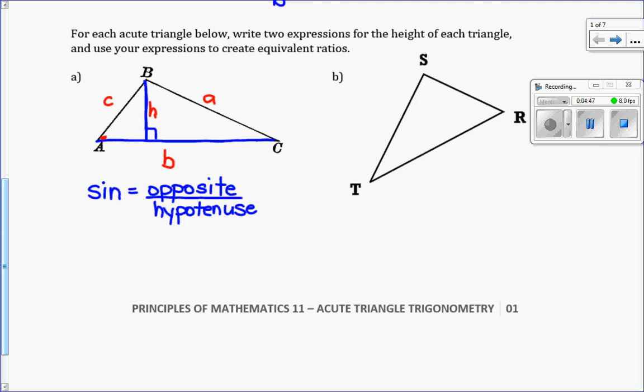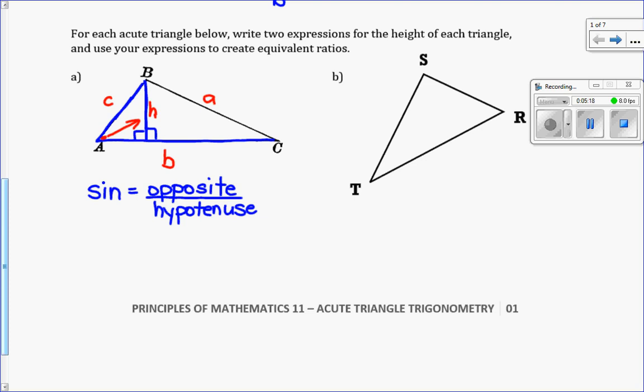If you shoot an arrow directly from there, the side you hit is the side opposite. The hypotenuse is always the longest side, and it is directly across from the right angle. So c would be our hypotenuse.